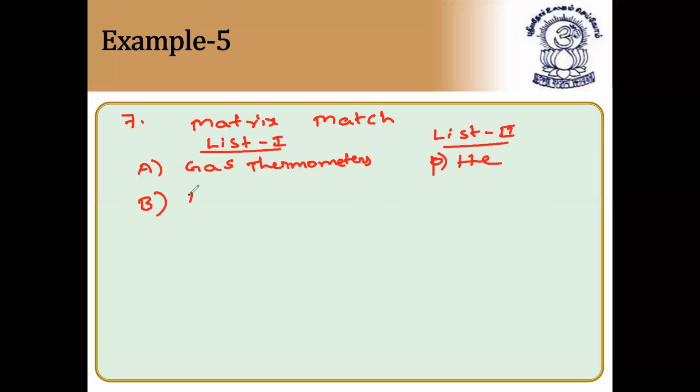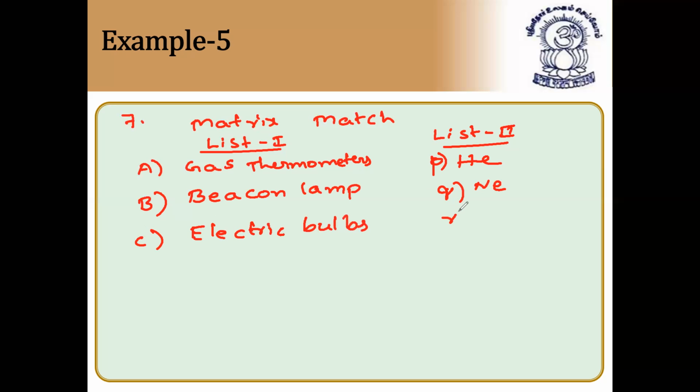Next, B, beacon lamp. These are all uses of inert gases. Option Q, neon. Third option, C, electric bulbs. R, xenon.